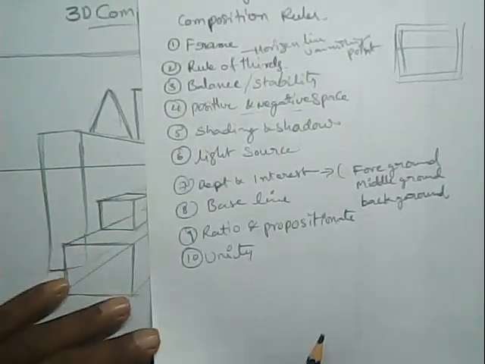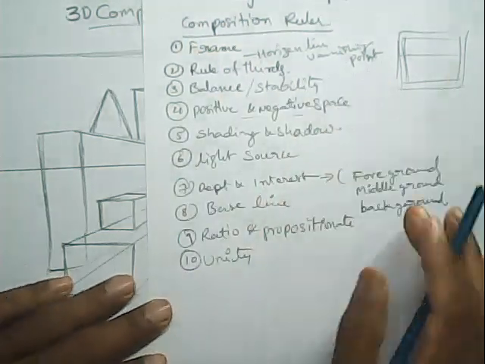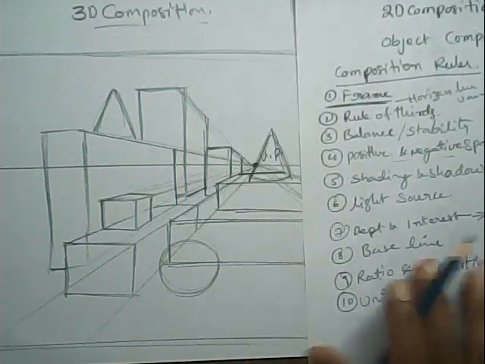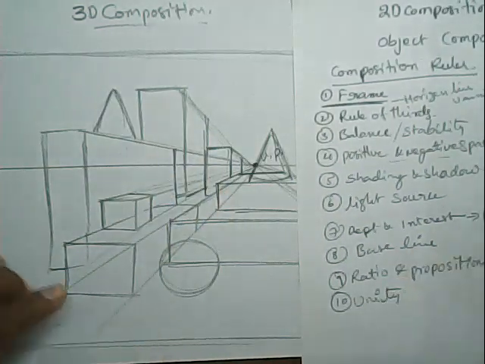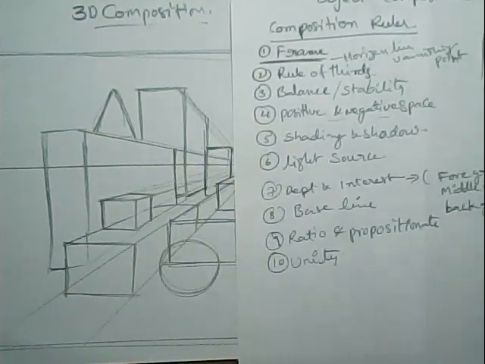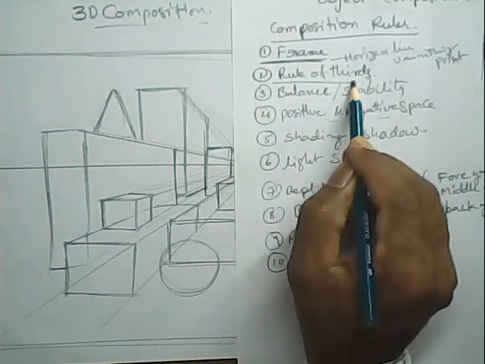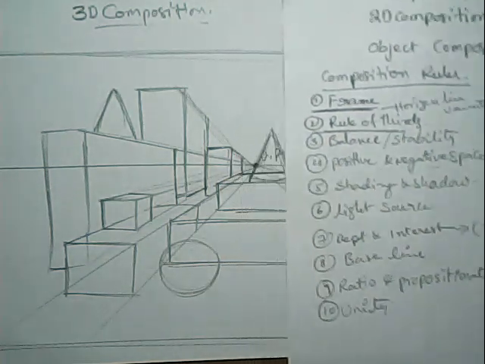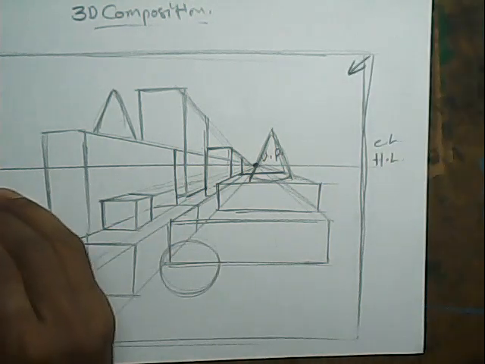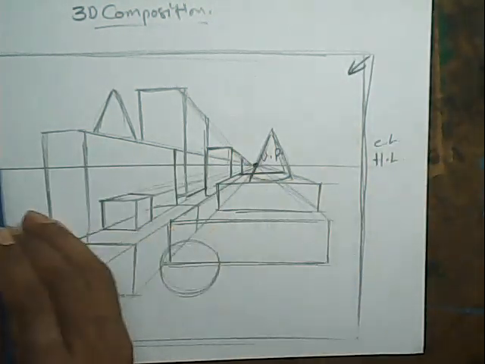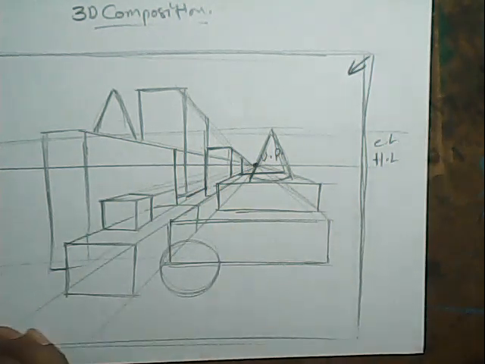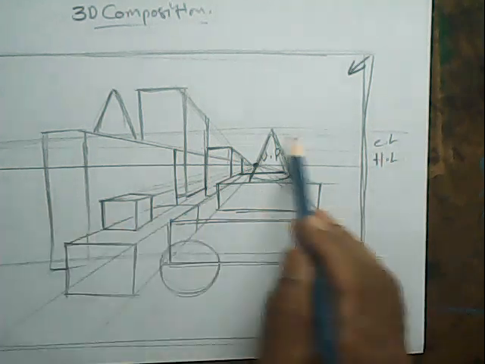Here are the composition rules I kept. One is the frame. The frame is compulsory, showing which area I'm going to use. The other is the rule of thirds.